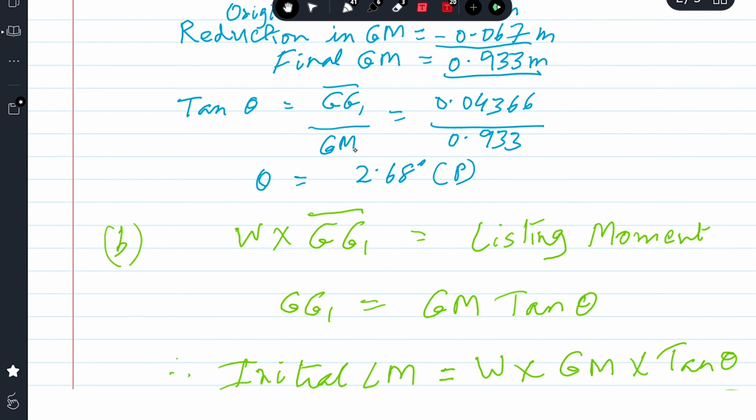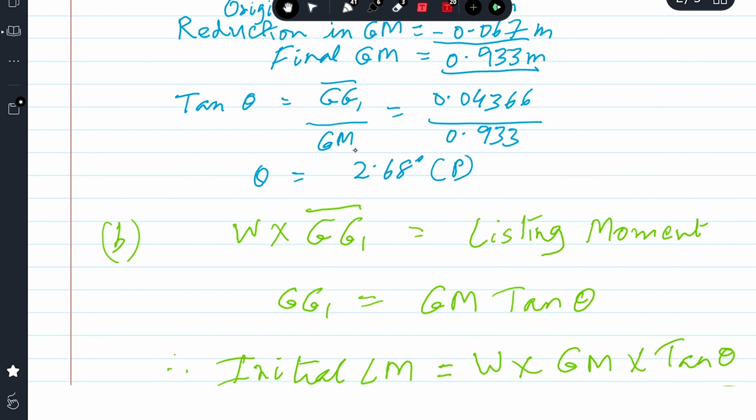The ship's displacement W into transverse GG1 is the listing moment, which I told you in the theory part. This is the main formula. And also we know that GG1 upon GM is tan theta. So GG1 is equal to GM tan theta.